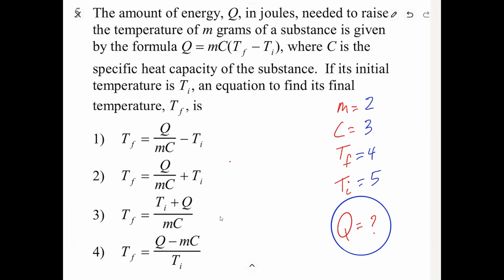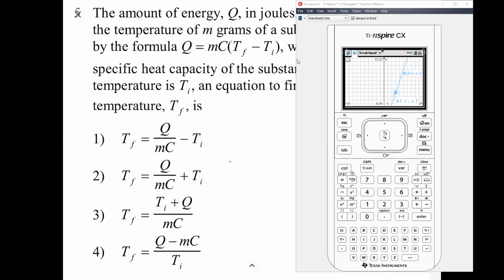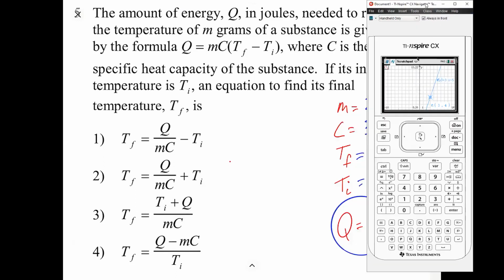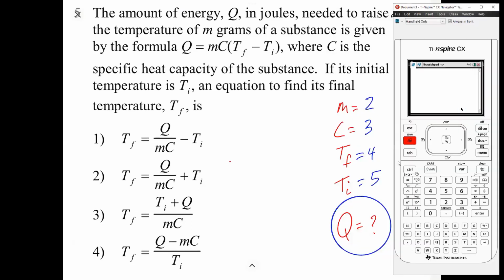So let's go grab the calculator. Where are you, my calculator? It is right here. Let me make this a little smaller so we can see everything. I'm going to go to the calculate screen.